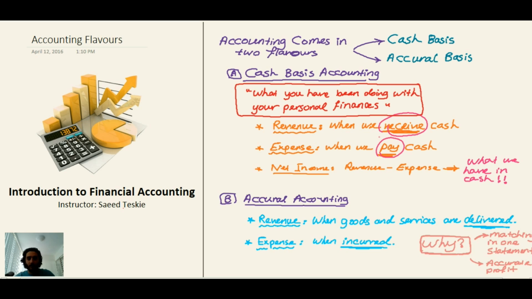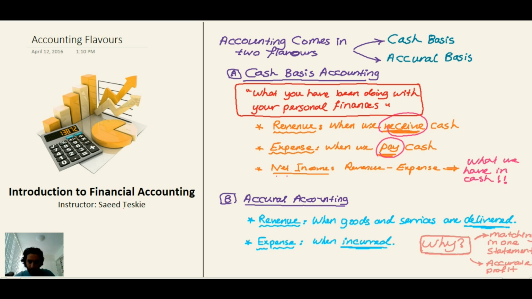For example, if we receive our salary for this month, we recognize the revenue, and the expense is recognized when we pay for our rent, for our fuel, for internet bill. So we recognize revenue and expenses when the cash is paid or received.